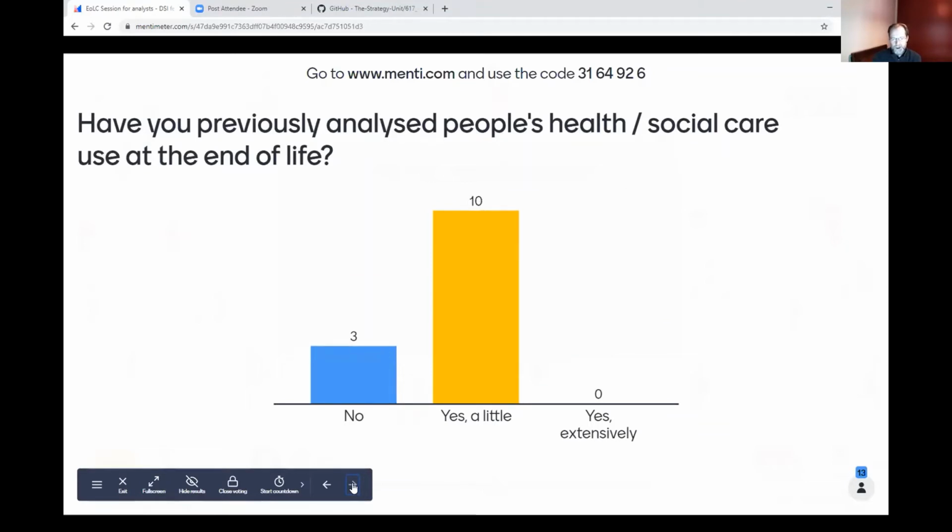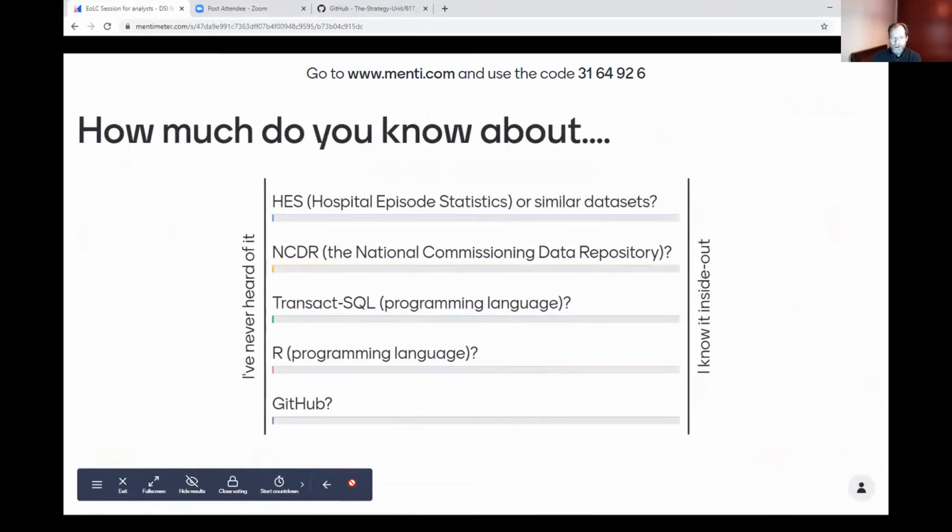And I've got just one final question for you. Which is about your level of understanding of a few of the data sets or programming languages or facilities that we're going to be talking about today. So we'd like to know what you know about each of these 5 things, and you can select on a scale from the far left, which is I've never heard of it, to the further on the right, which is you know a lot about this subject.